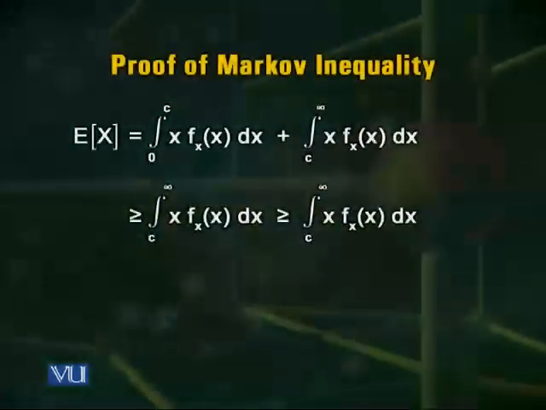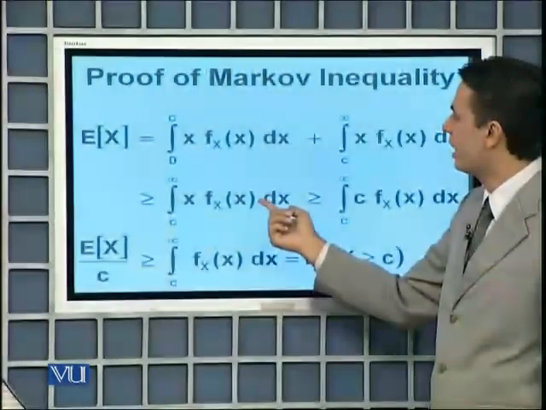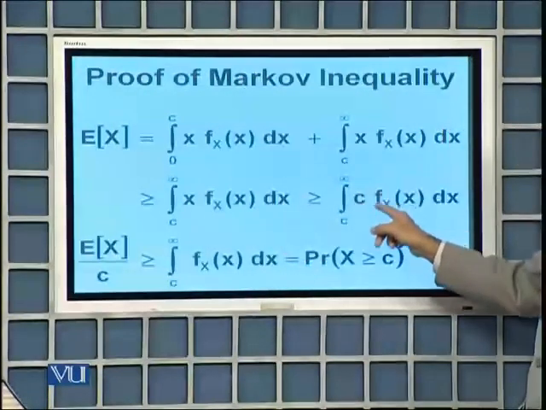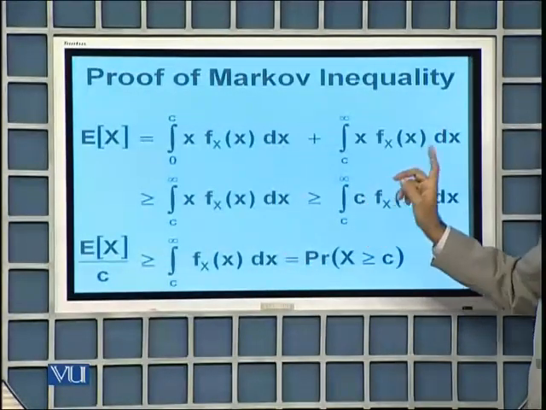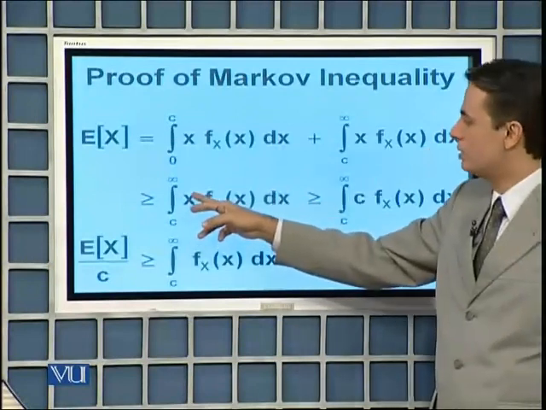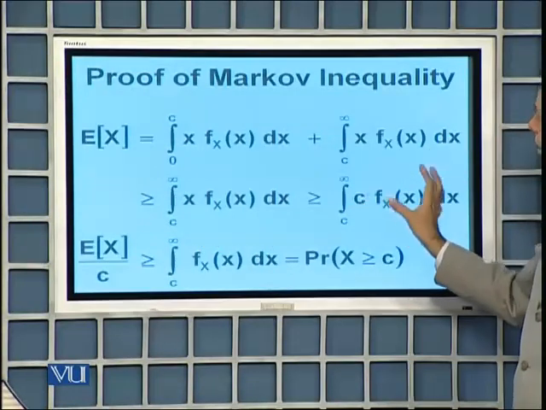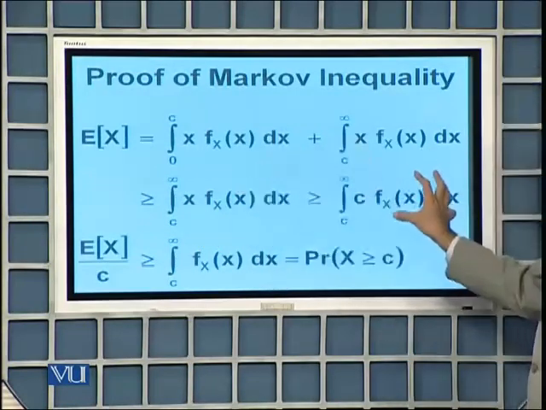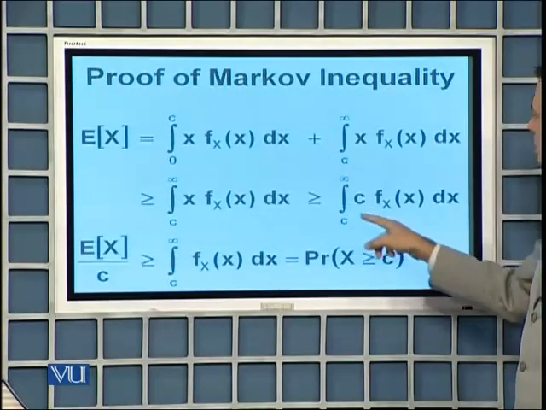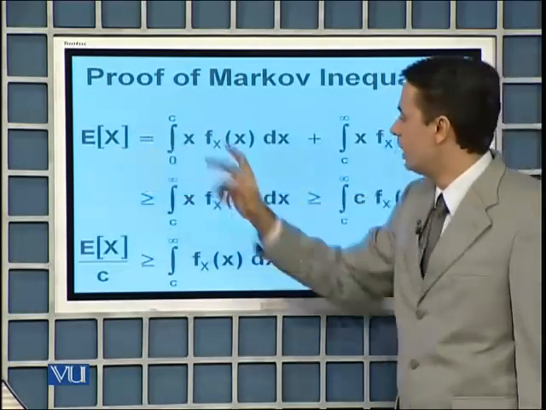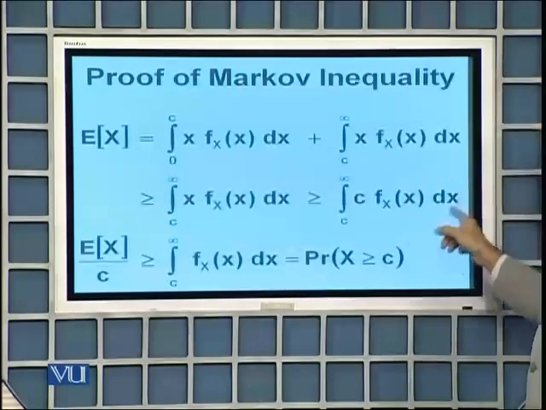If we look at the next part of the proof, then instead of using x times fx, which starts from c and goes towards infinity, we replace it with a constant value c. So a quantity which takes on values of c or larger is replaced with a constant c, which makes this new expression even smaller. So this expression is even smaller than this one, hence expected value of x is certainly larger than this one.